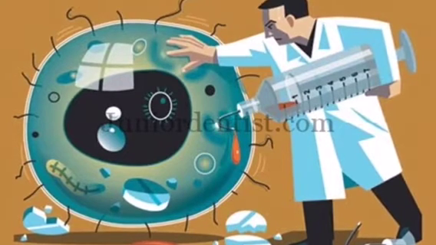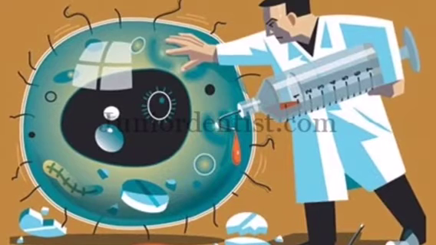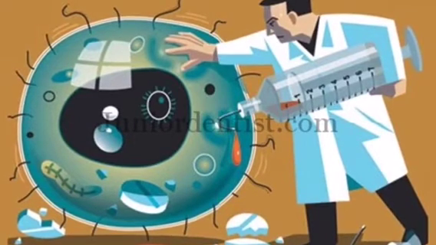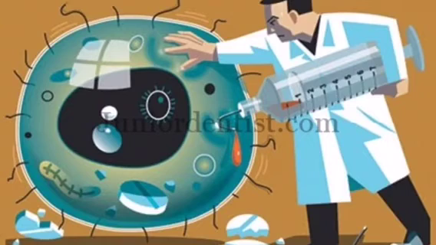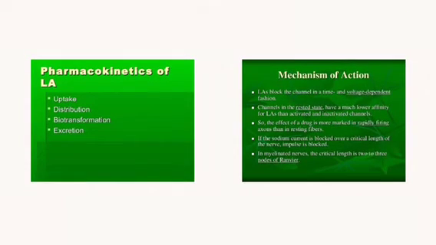Number 1, block sodium channels in the nerve membrane, and number 2, prevent depolarization of the nerve. Pharmacokinetics and actions of local anesthetics. For better solubility, local anesthetics are marketed as the salts of strong acids, such as hydrochloric acid.